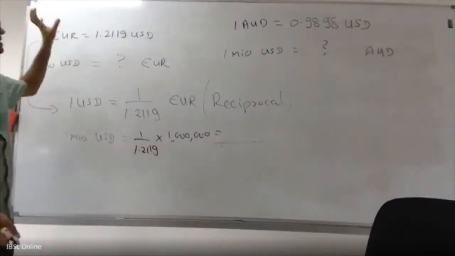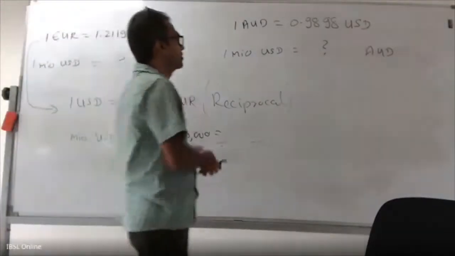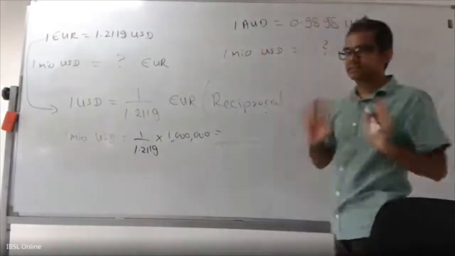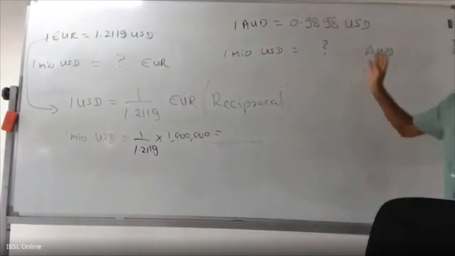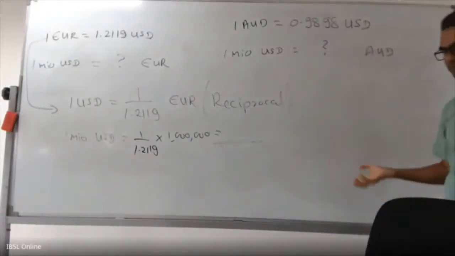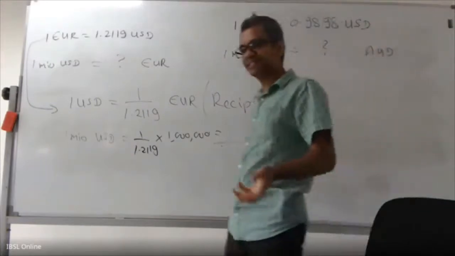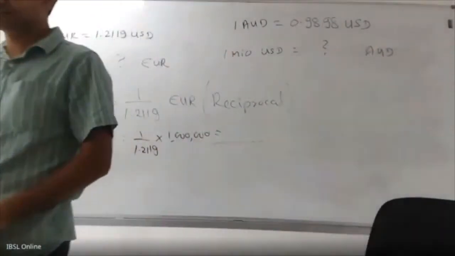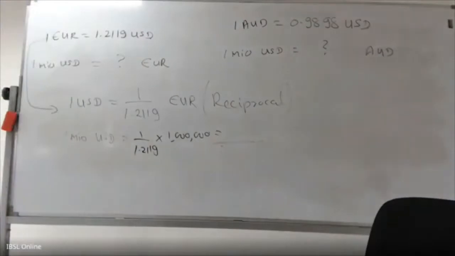So whether it's a large number or a small number, it doesn't matter. This is the concept. This is grade 7-8 mathematics, isn't it? As I told you last week, you have done a lot of sums in grade 6, 7 or 8.